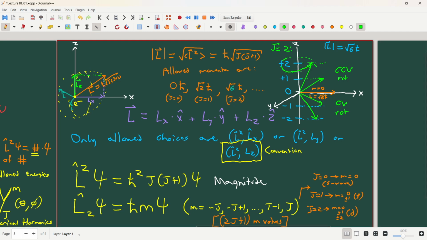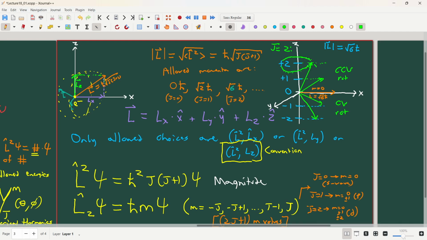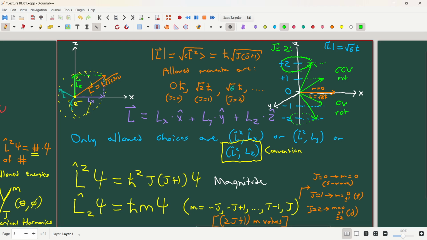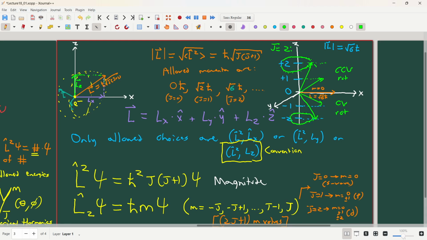The angular momentum can be along any possible direction along the xy plane, just as long as the z component is fixed. So it's possible that the vector is like this, or like this, or like this. It doesn't matter. It's a combination of all of them. We can't determine that. So in fact, it kind of sweeps out a cone, if you will.